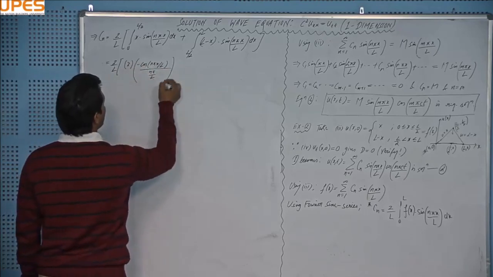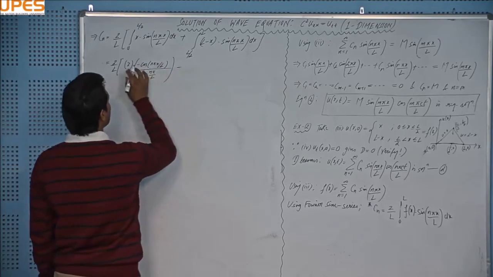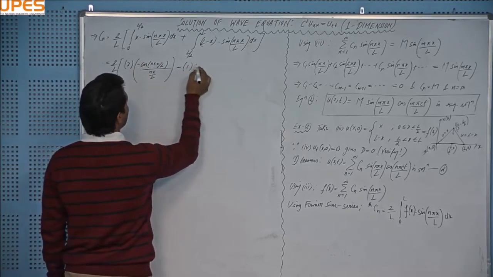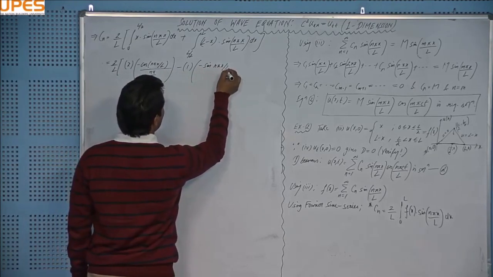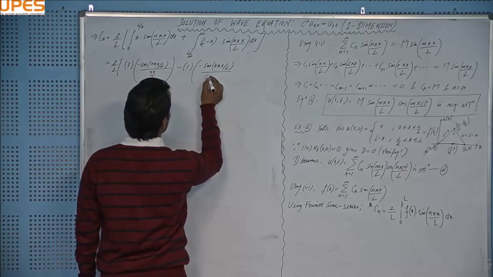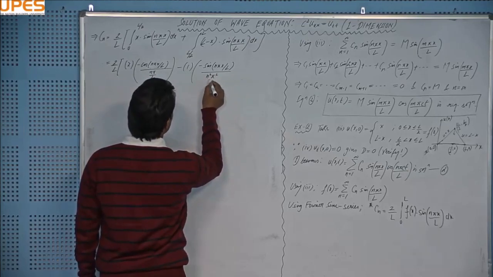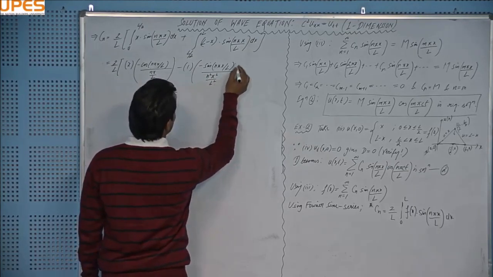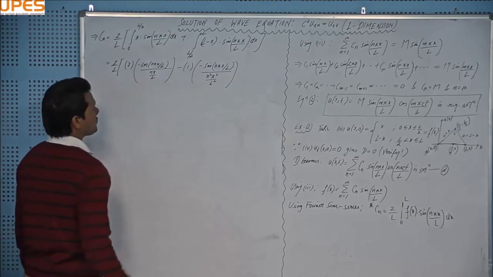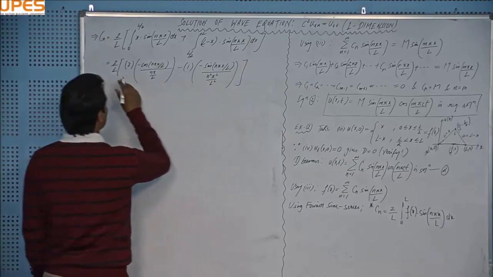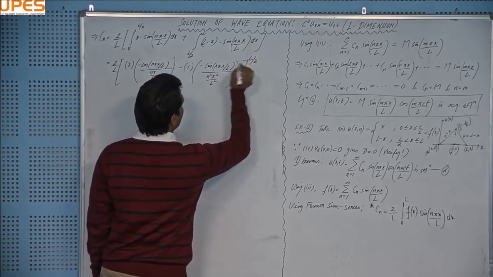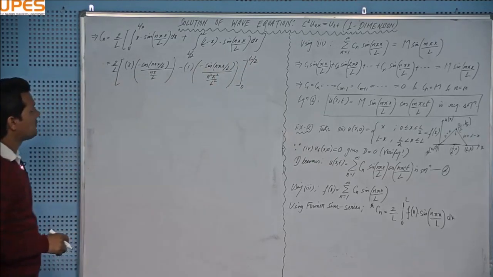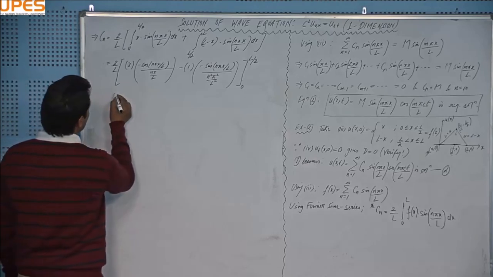And this should be inside a bracket. Then minus the differentiation of this term, which will be 1, and integration of this will be minus sine n pi x over L over n square pi square over L square, right? And then it will become 0. Fine. Limits are 0 to L by 2.